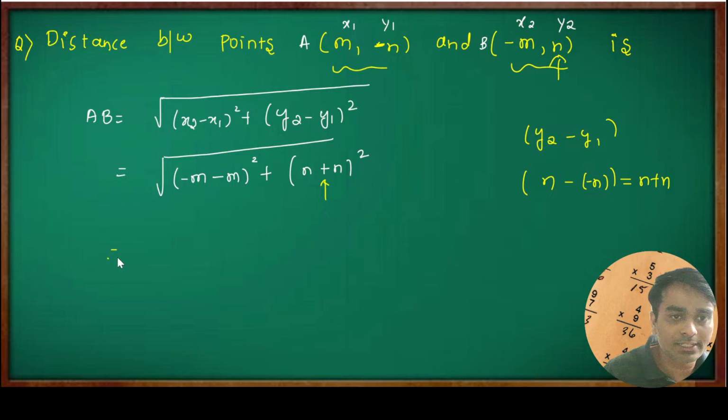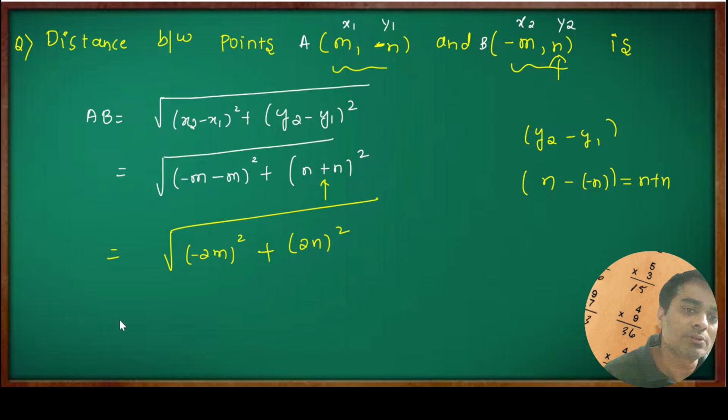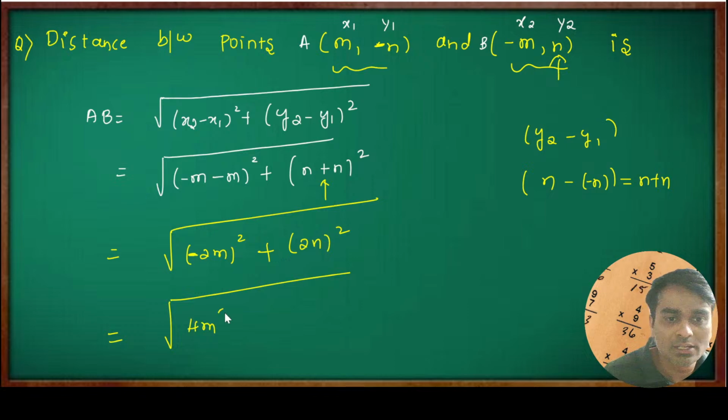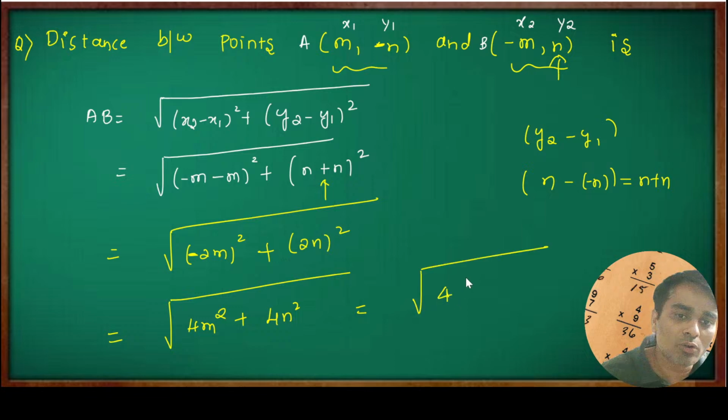So you have minus 2m whole square plus 2n whole square. Now when you square the negative term, that becomes plus. So 4m square plus 4n square. Now you can take 4 common, so you will get 4 times m square plus n square.